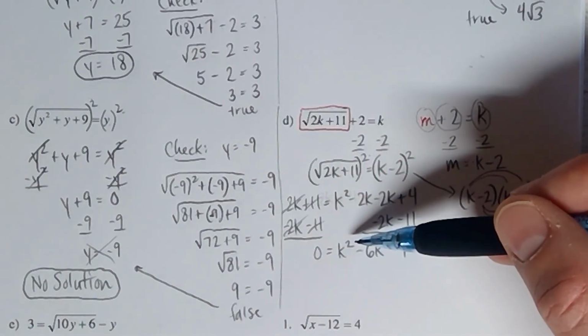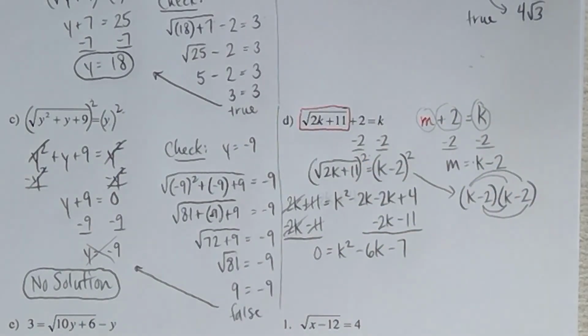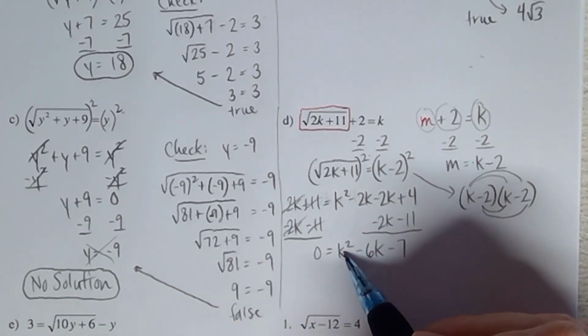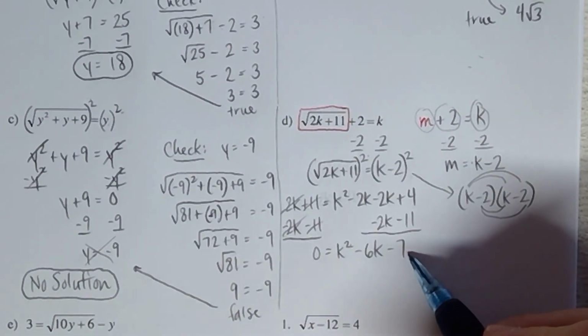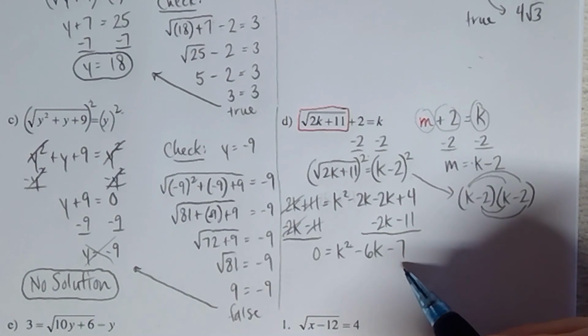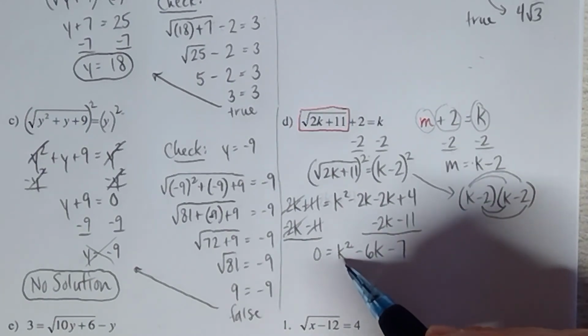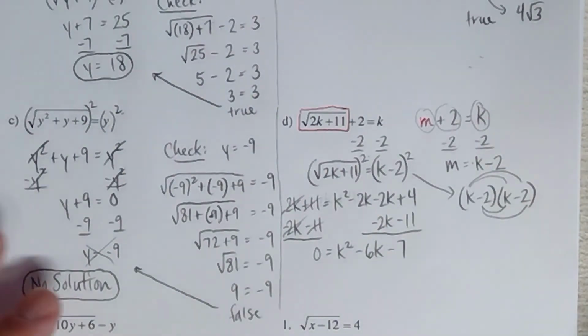Like we said, when we do the factoring method, we want that k squared term to be positive. Because especially if it comes out where you have a k squared term and a k term and then no k at all in the last term, that's one of those Berry method things, and the Berry method only works if it's a positive k squared term, not a negative k squared term.